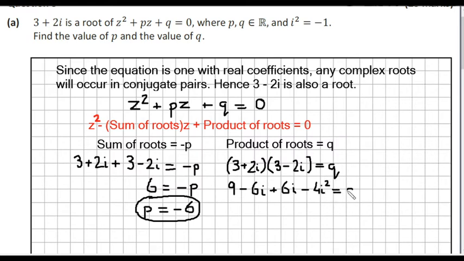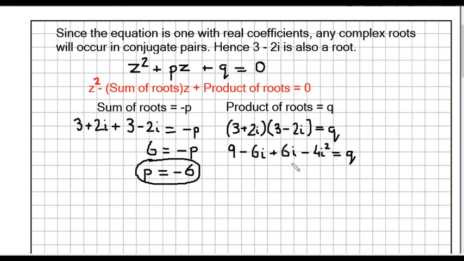That's going to equal q. So my 6i terms here are going to cancel, and i squared, like as we saw earlier, is the same thing as minus 1. So 9 minus 4 by minus 1 is equal to q. So 9, that's going to be plus 4 is equal to q. So that of course means that q has to be 13.